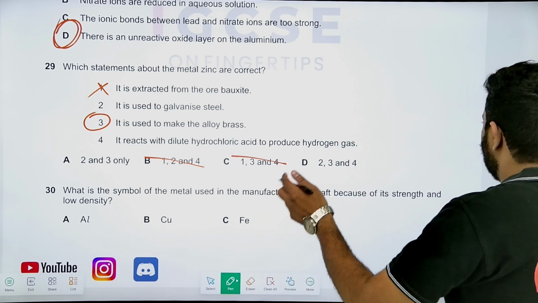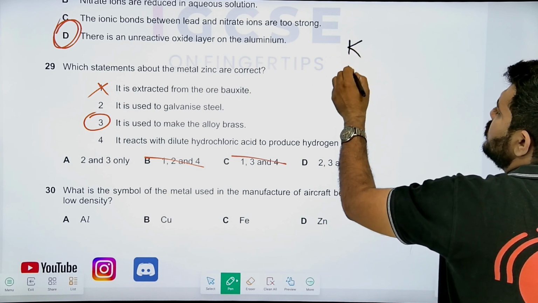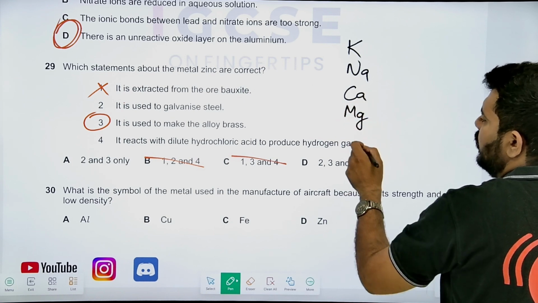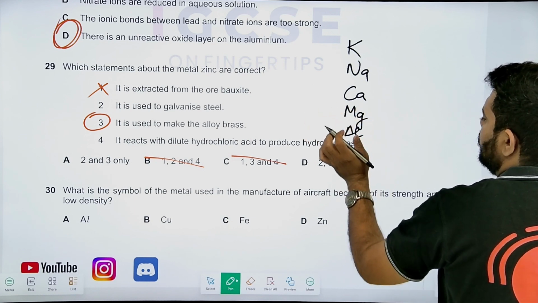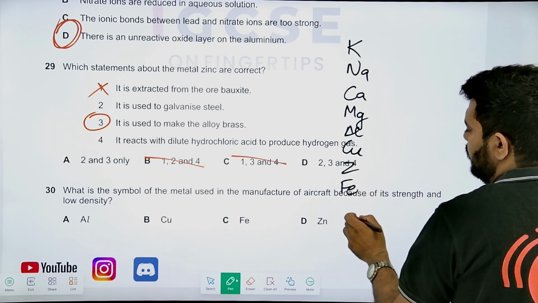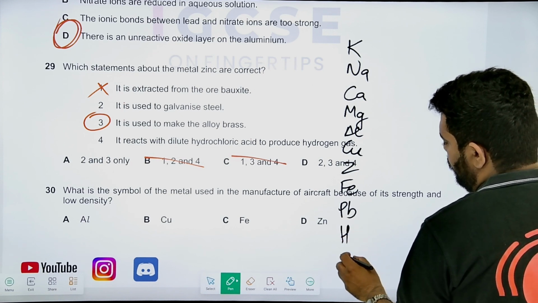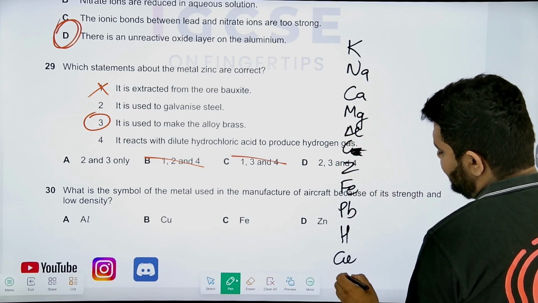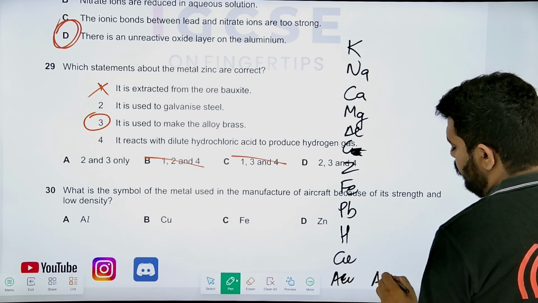Let's remember the reactivity series. I remember it like this: please stop calling me a cute zebra, instead learn how copper, okay, this is calcium, this has to be carbon, copper saves silver, gold.